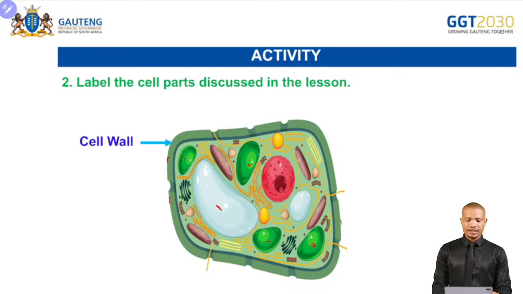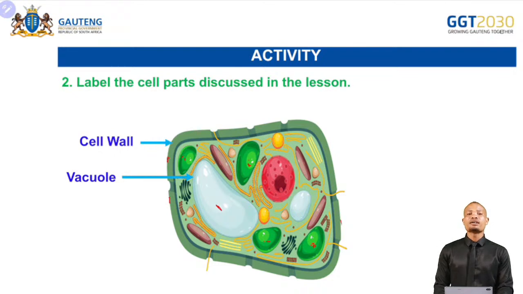So the first part that we can see is the cell wall, which is this rigid outer layer that gives the cell a regular shape. Okay, it looks more rectangular. It is a regular shape, and this is the outermost layer, which is the cell wall. What else can we see? What can you see? Yes, that's correct.